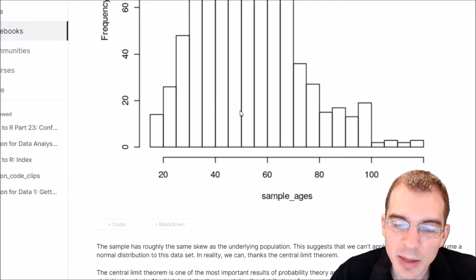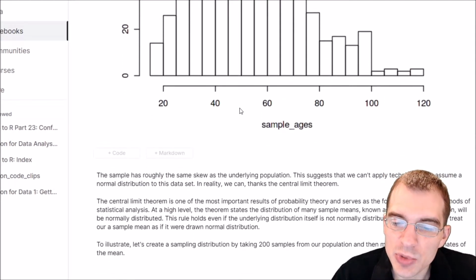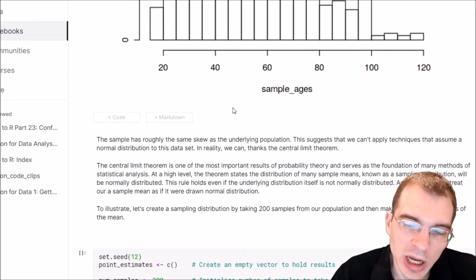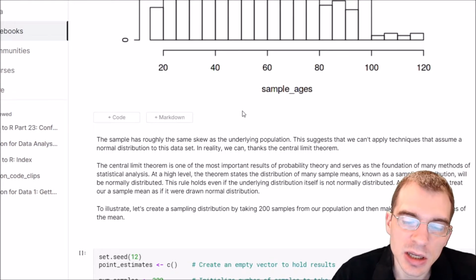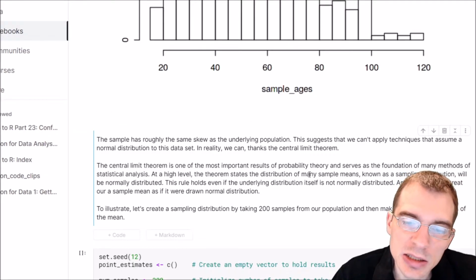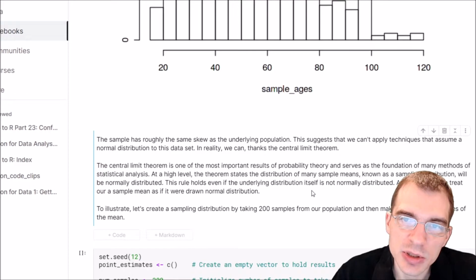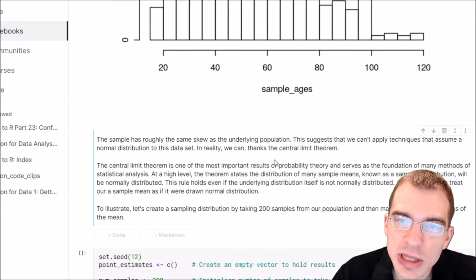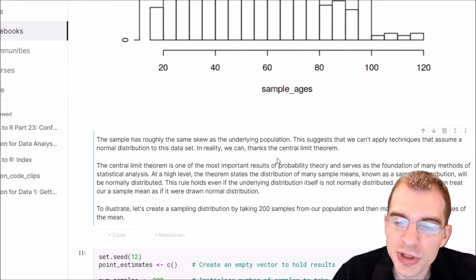Now, since our sample data has roughly the same skew as the underlying population, this suggests that any of those techniques that assume we're dealing with a normal distribution can't be applied to this data because our sample is skewed. It's not a normal distribution. But in reality, we can use sample data of this kind even in things that assume we're dealing with a normal distribution thanks to the central limit theorem.